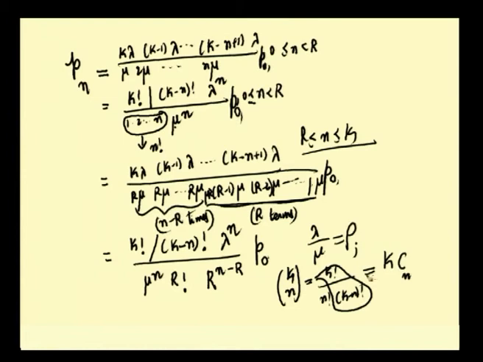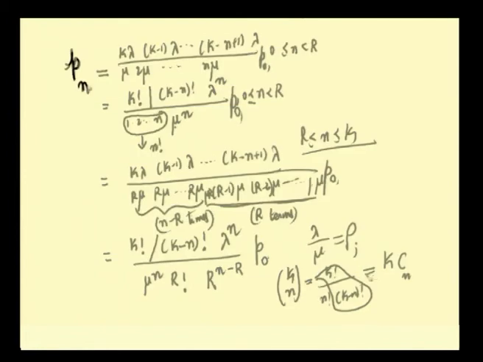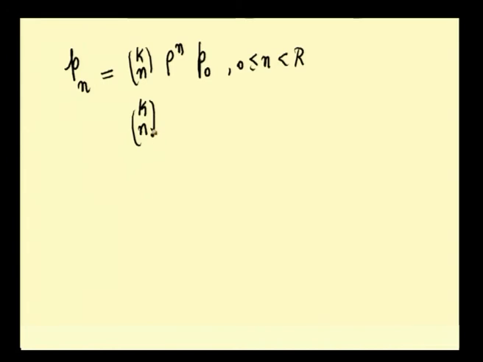So, we rewrite again Pn equal to KCN rho power n into P naught when 0 less than or equal to n less than capital R, and it is equal to KCN n factorial divided by R power n minus R, R factorial, rho power n into P naught.